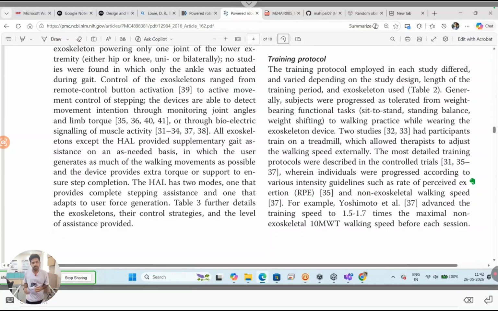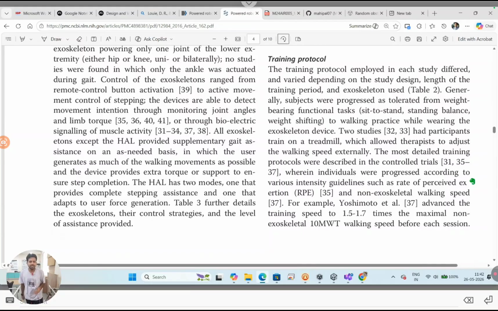Generally, subjects were progressed as tolerated from weight bearing functional tasks, sit to stand, standing balance, and weight shifting to walking practice while wearing the exoskeleton device. And 2 studies had participants train on a treadmill, which allowed therapists to adjust the walking speed externally.